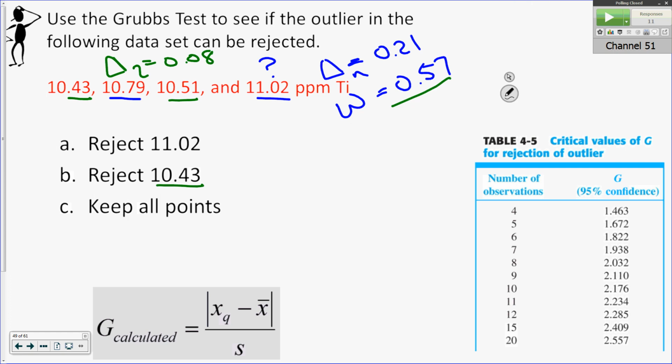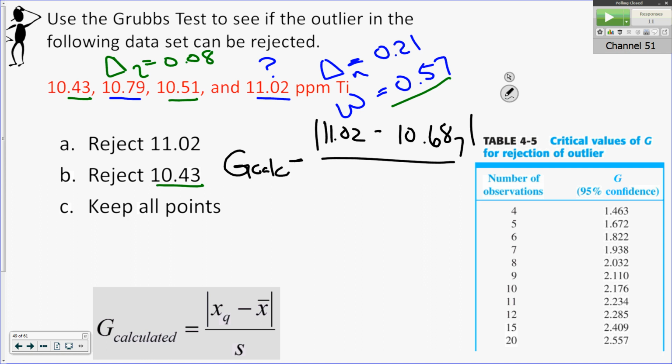11:02. So set up the equation, G calculated: the absolute value of the questionable point less the average, 10.68 insignificant 7, divided by the standard deviation of the set, 0.270.